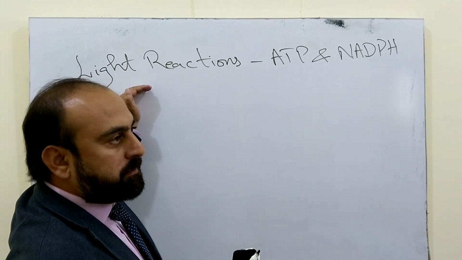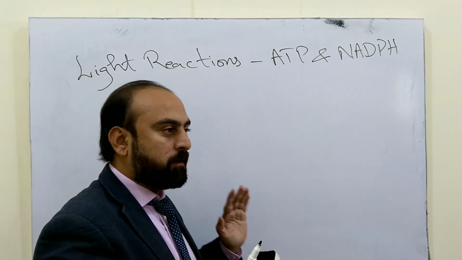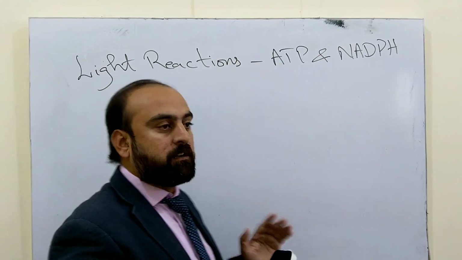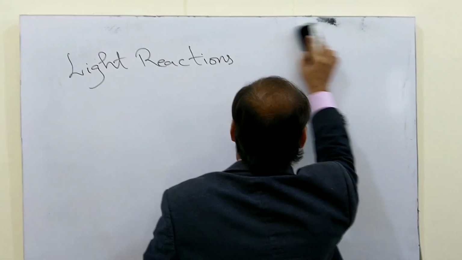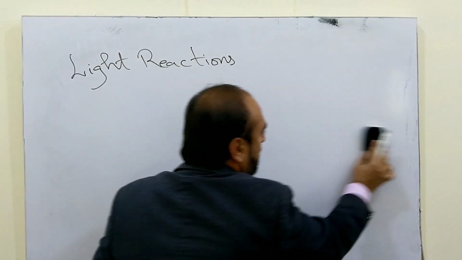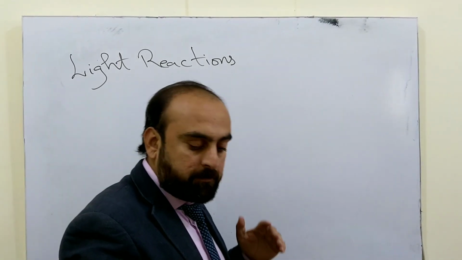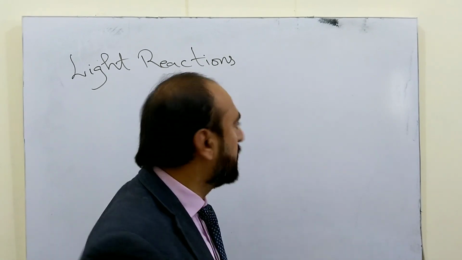So while light reactions require light, it is now clear that dark reaction does not require dark. It depends on the products of light reaction and the activities of enzymes. Many of the enzymes are light dependent actually.